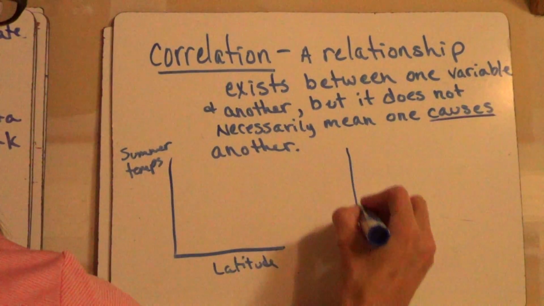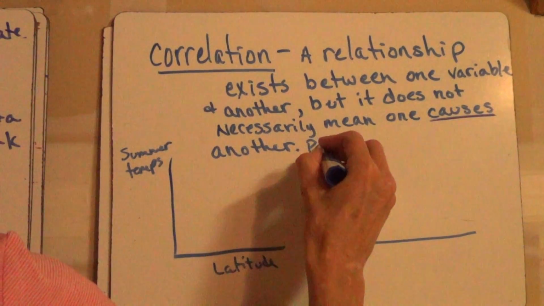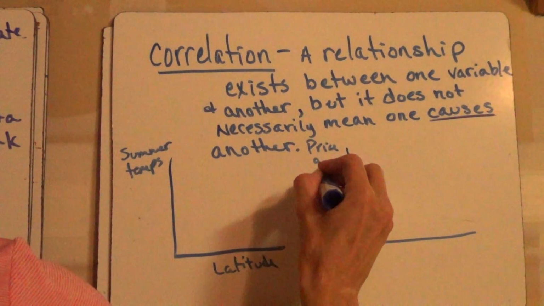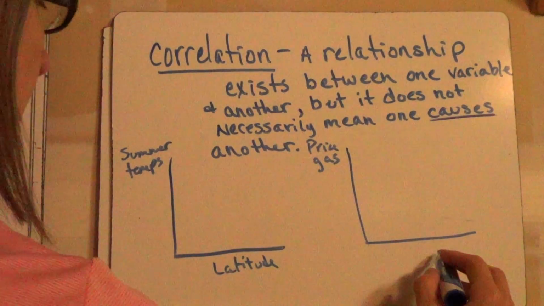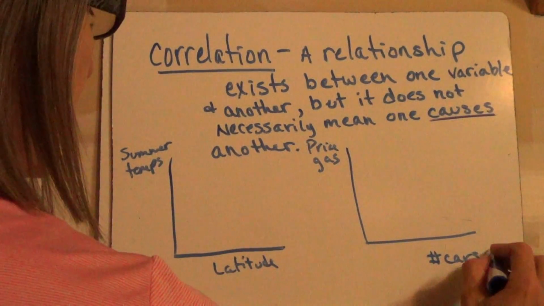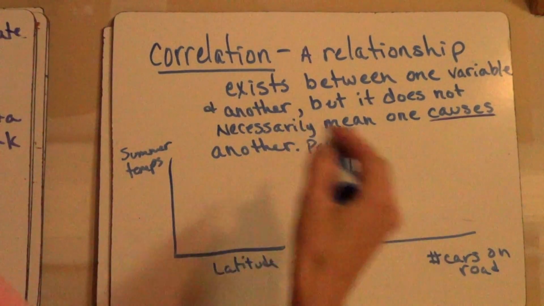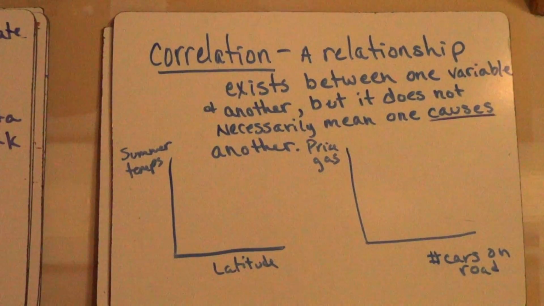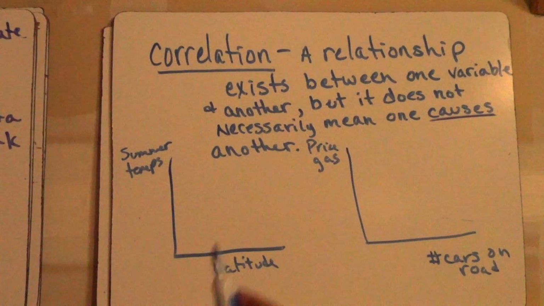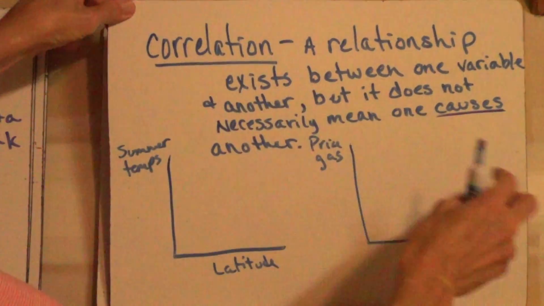We might graph price of gasoline and number of cars on the road. Okay, these are just combinations of things that we might be curious to look at, see if one affects another, if there is a correlation or a relationship.